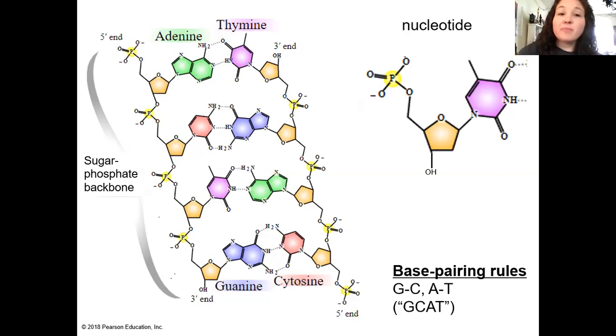And remember, what's very important about this is that the cell can store genetic information in these nitrogenous bases. And when it reads the genetic information, every 3 bases code for 1 amino acid. You could think of each base as a letter and the order of bases as a sentence that means something, because it's the order of the bases that tell the cell which amino acids should be used and therefore which proteins should be made.